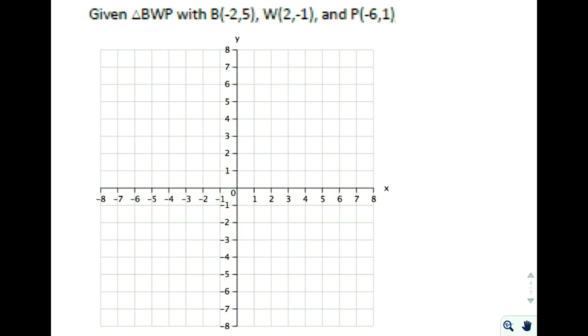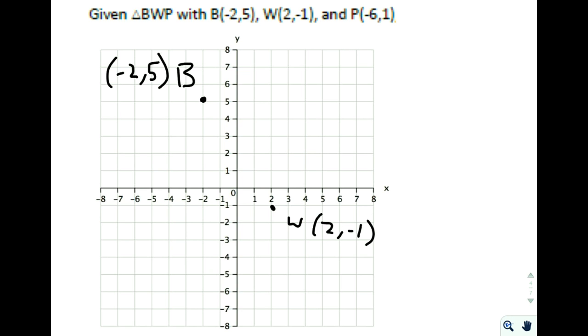We have b is -2, so back 2, up 5, and we're going to label it b. We have w, which is over 2, down 1. And I'm actually going to put the points right here as I go, because I'm going to find that's very helpful later on.